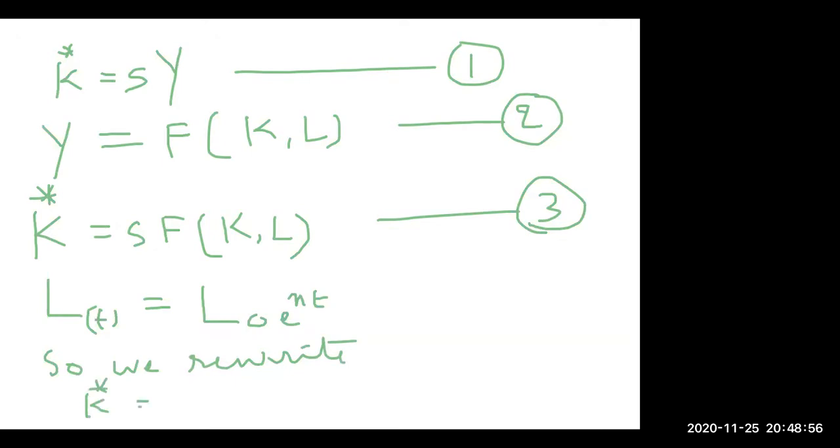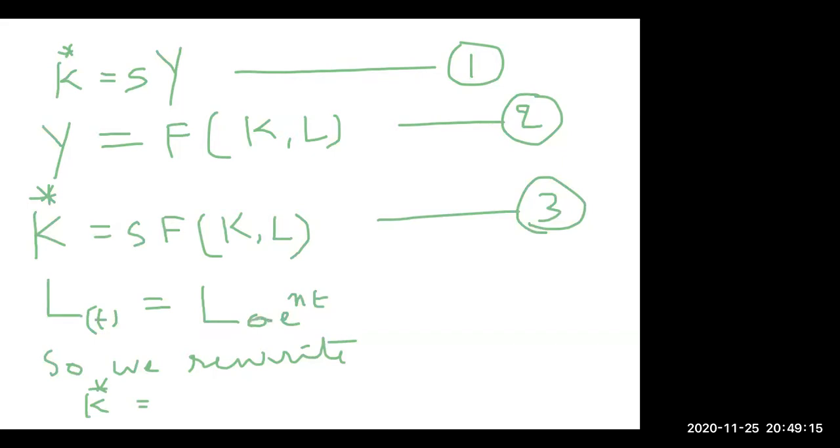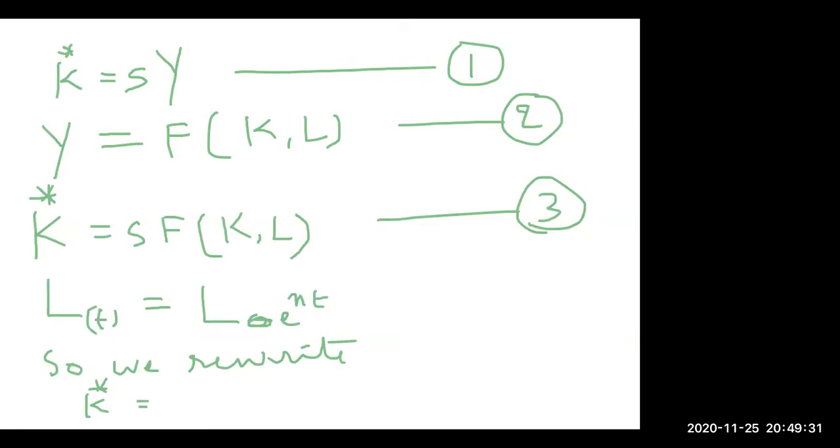L subscript T, that is labor with respect to time, is equal to L0 e to the power NT, where e is an irrational number. That shows that the population increases in geometric progression continuously.